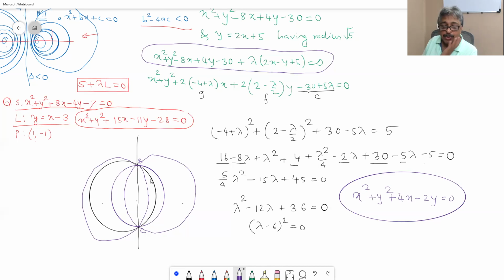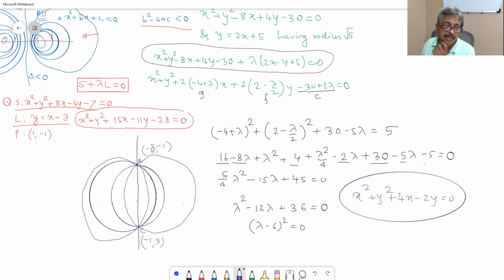And therefore, if you cross check what is the distance BC, you had already found out the coordinates minus 3 comma minus 1 and minus 1 comma 3. Coordinate geometry is correct.